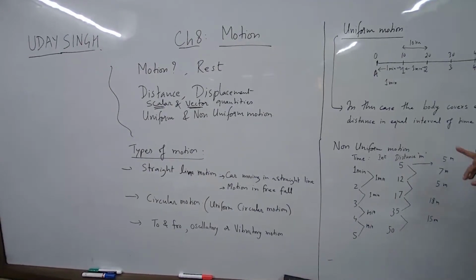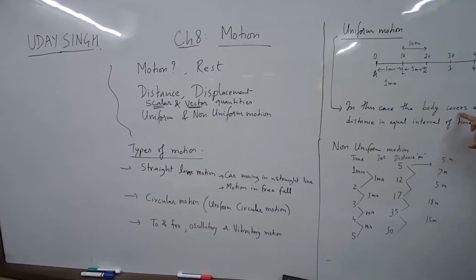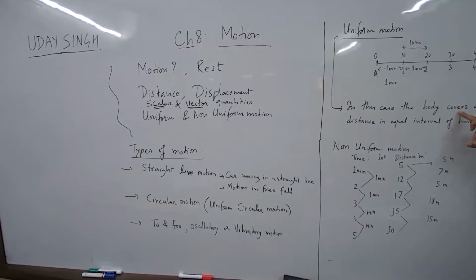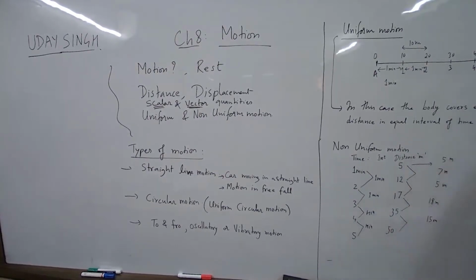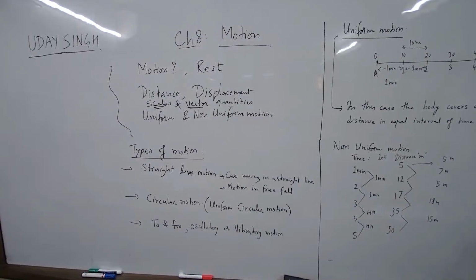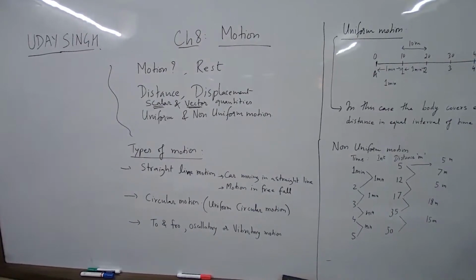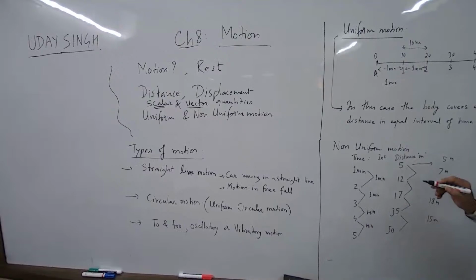So in this motion, the distance covered by the body is not the same in every 1 minute. So here what you will write: in this case the body covers unequal distance in equal intervals of time. Time interval is the same, but the distance covered is not equal. Okay? So in this case, how do you define it?